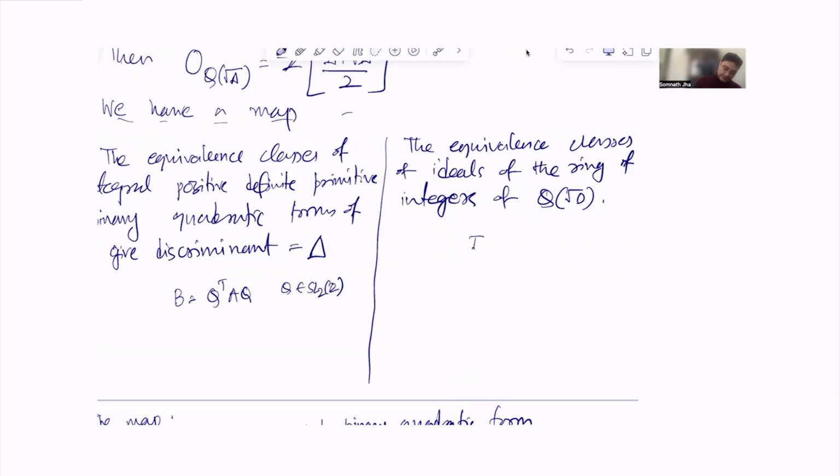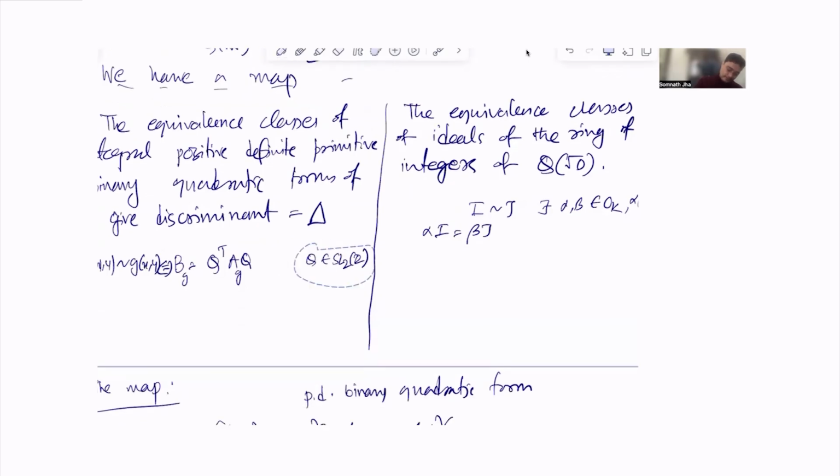And for ideals, I is equivalent to J if there exist α, β in O_K, nonzero, such that αI = βJ.